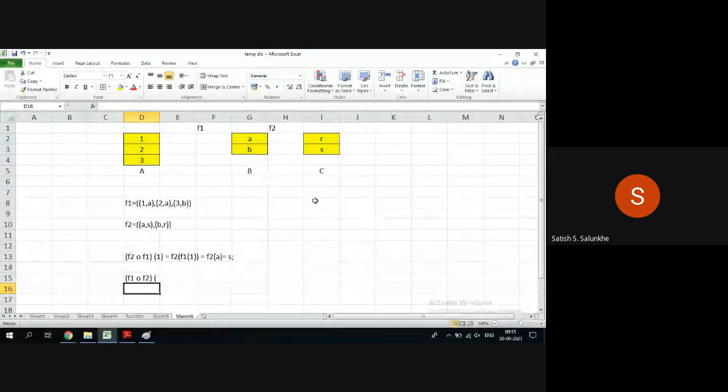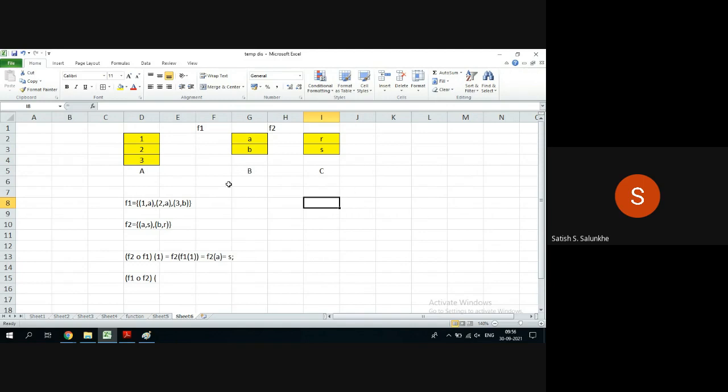We are going from B to C, so we need to give an element from B as input. We get its image in C, and then f1 of that. Are we able to find it? f1 is from A to B, so it doesn't mean that the composition property is satisfied.